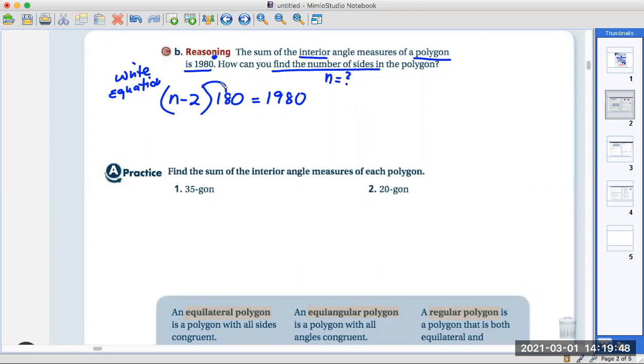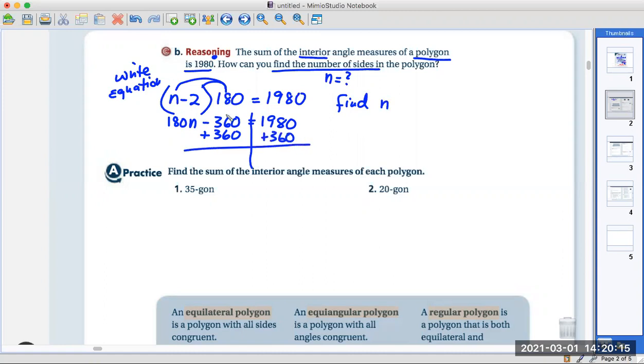Now you're going to distribute. So you're multiplying 180 times n is 180n. 180 times negative 2 is minus 360. Add 360. Remember, we're looking for n. Add 360. 180n is 2,340.